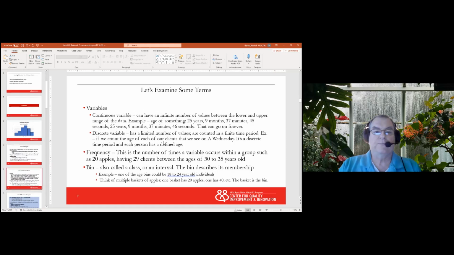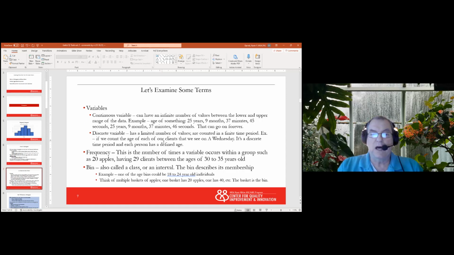Okay, so there's a couple of things to remember in histograms, and there are some terms that I wanted to go over because they tend to get very confusing depending upon what you're reading. The variables: there are continuous variable histograms and there are discrete variable histograms. Chances are you're going to be dealing with discrete variable histograms. They have a limited number of values and they're counted in a finite time period. Age can be either one.